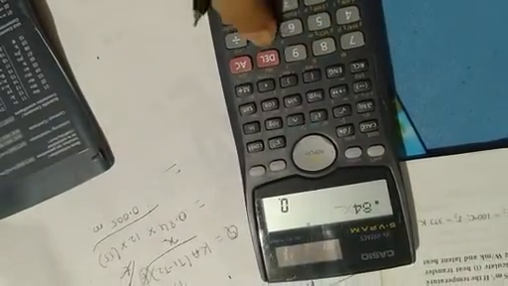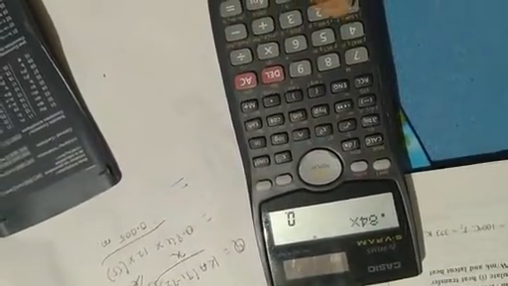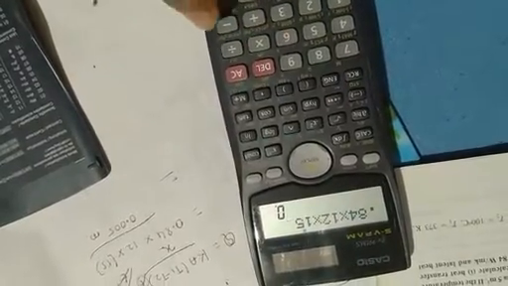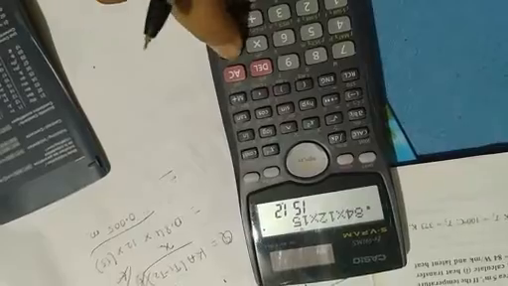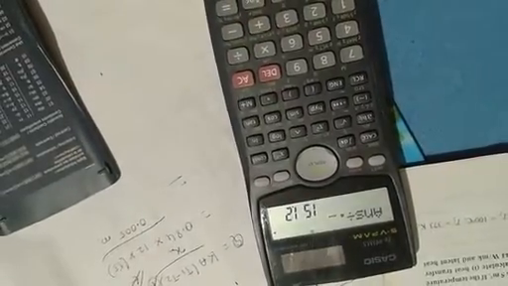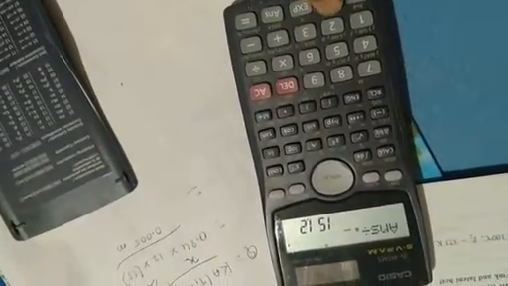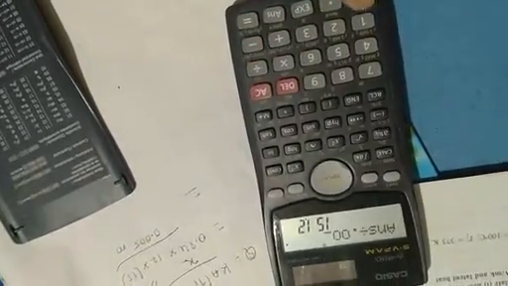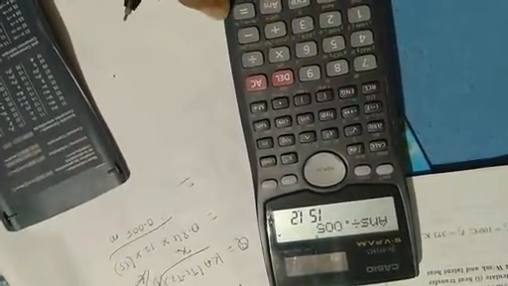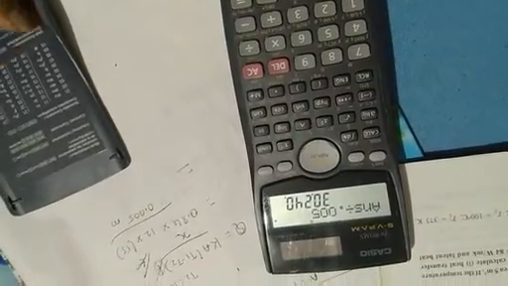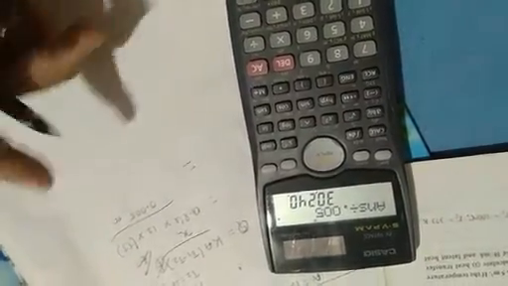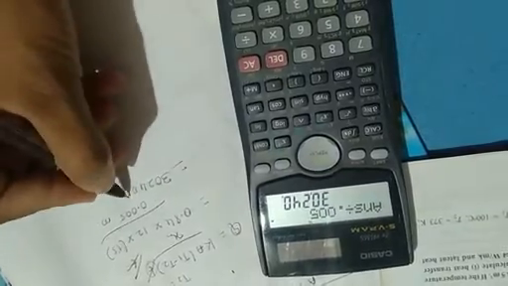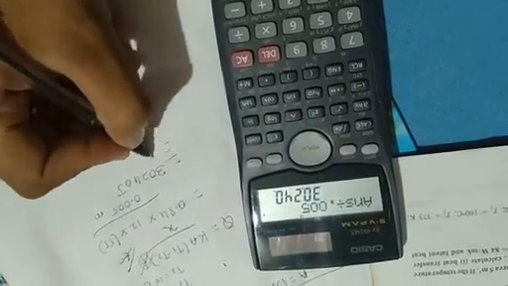If you calculate, Q is 0.84 into 12 into 15 divided by 0.005, which is 30240 joules. It is in terms of joules.